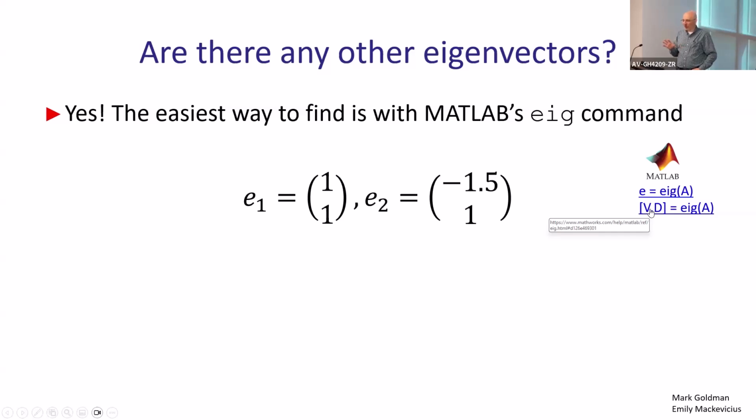You made some mistake in your computations. Eigenvectors are defined up to a constant, so any constant multiplied by that vector is still an eigenvector. This is obvious because if you multiply by a constant, you're not changing direction.